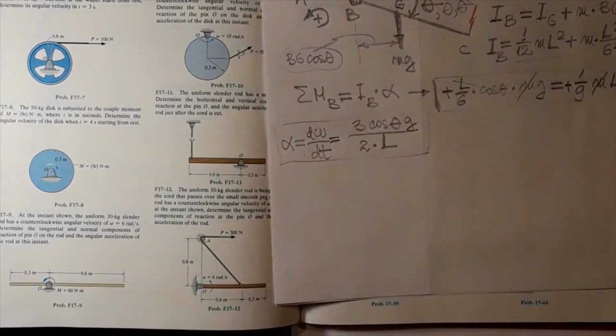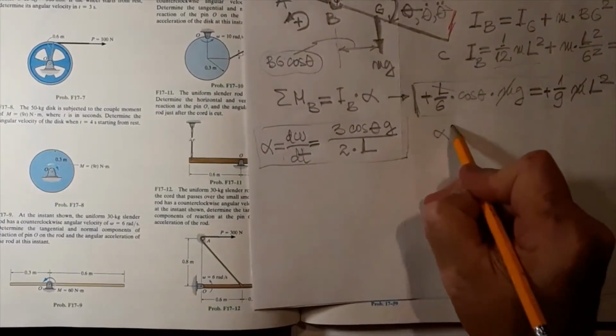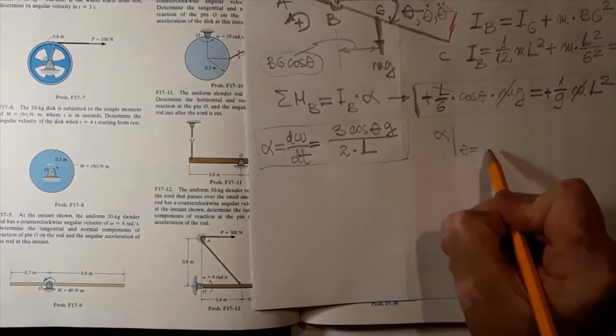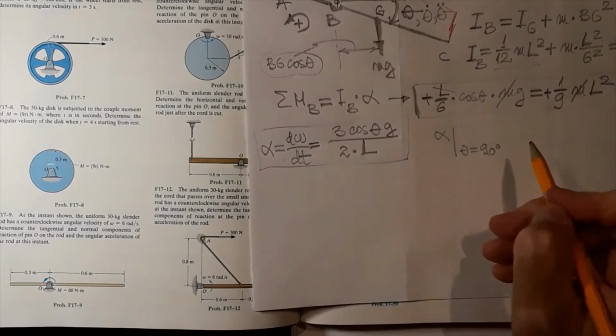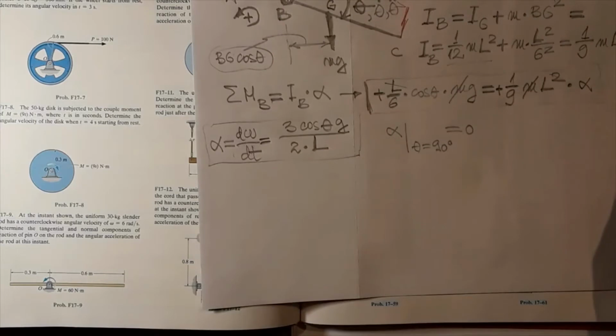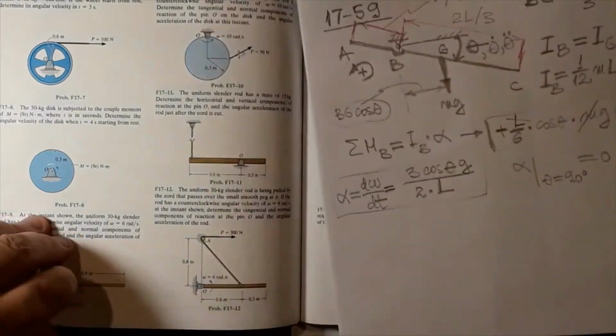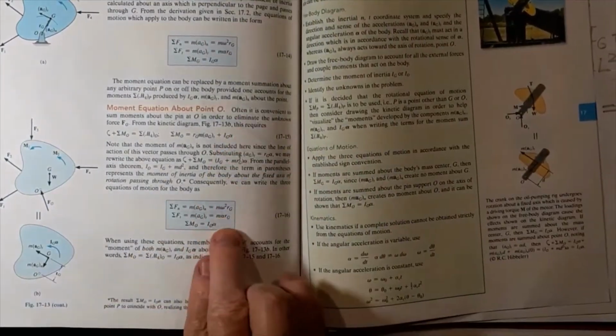So we have alpha when theta is 90 degrees, this is equal to 0. And in the equation for forces, we're also going to use omega.